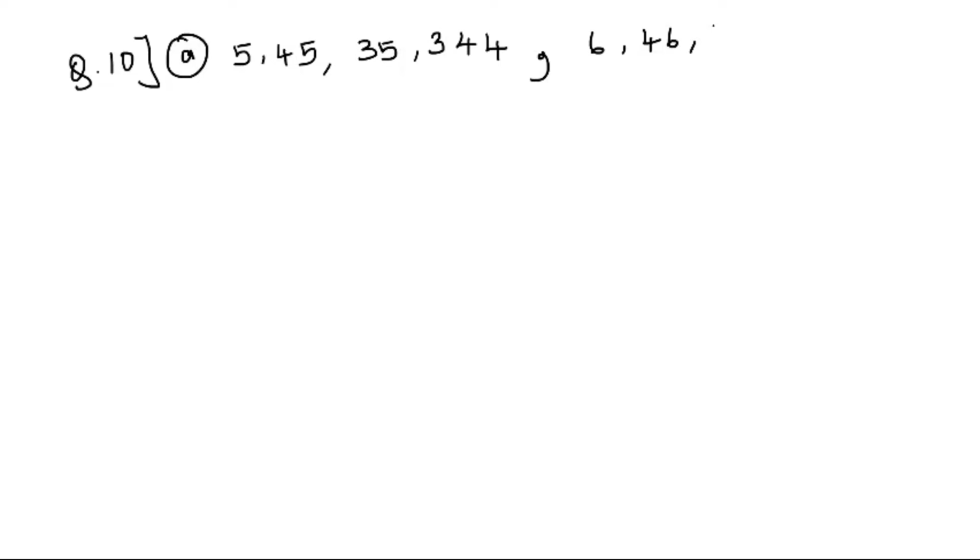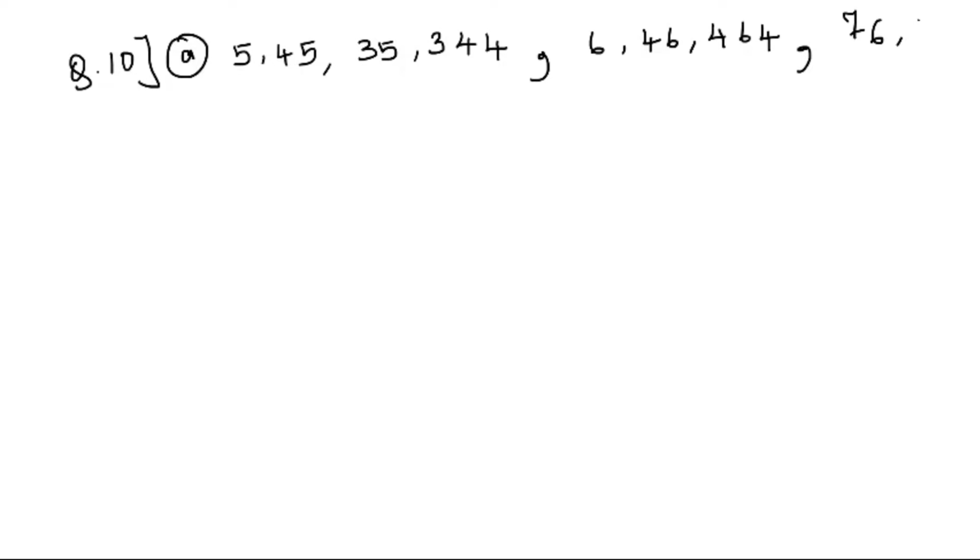Now question number 10, that is your ascending order. First question is given 5 4 5 3 5 3 4 4. Next is 6 4 6 4 6 4. Another one 7 6 7 6 7.